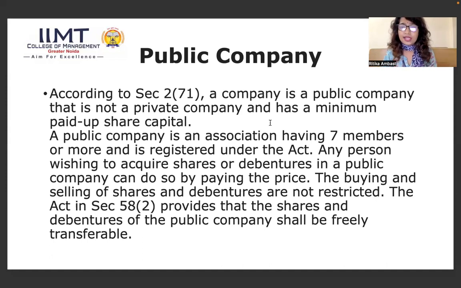A public company is an association having 7 members or more and is registered under the Act. It is a definition and a feature of a public company. The minimum number of members is 7. Any person wishing to acquire shares or debentures in a public company can do so by paying the price. The buying and selling of shares and debentures are not restricted.